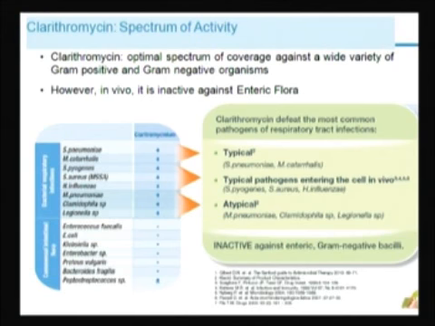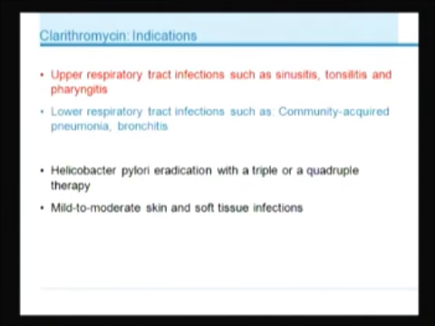Just also a very important quick reminder on the effect or the spectrum of clarithromycin. They cover the typical Strep pneumoniae and catarrhalis, typical pathogens like pyogenes and aureus, and Haemophilus influenzae, and atypicals. But they are inactive on the enteric gram-negative bacilli.